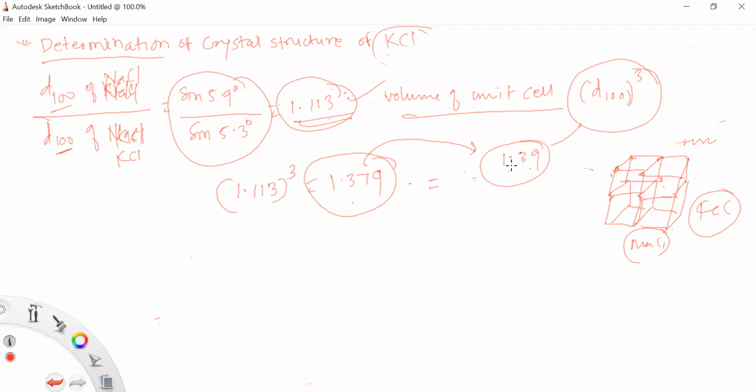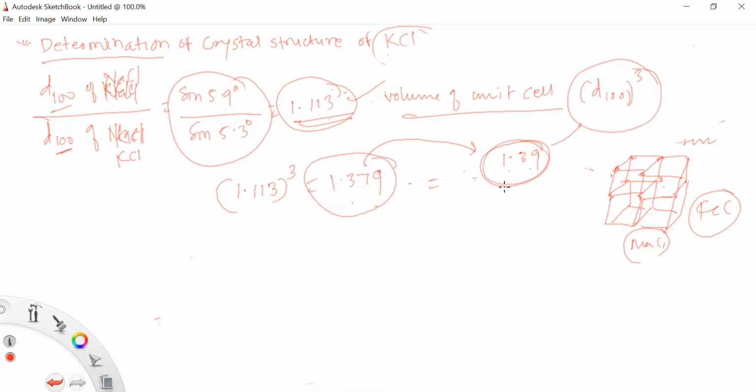So this is the molecular volume of NaCl or KCl ratio. त्याचा जो रेशो आहे molecular volume चा तो 1.379 आहे. So this is a good agreement of this ratio with the experimental values of this volume of unit cell. So here तो good agreement करतो किंवा एकदम similar आहे.